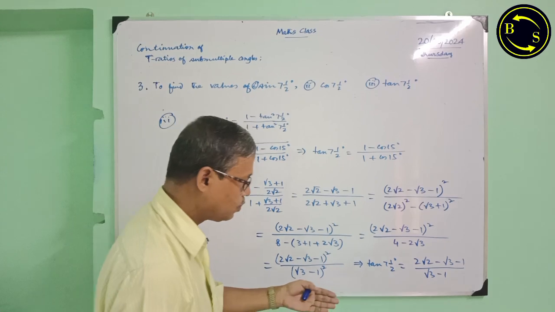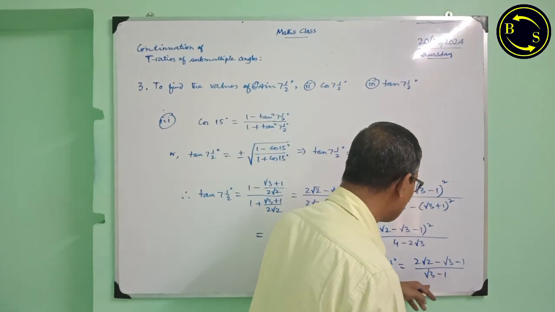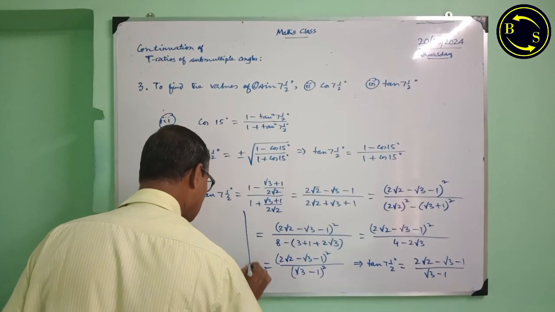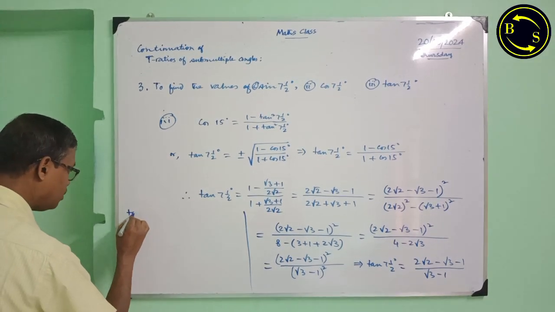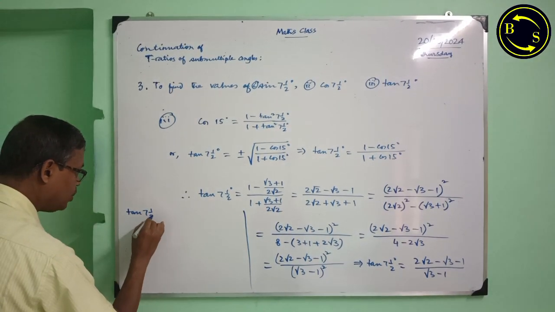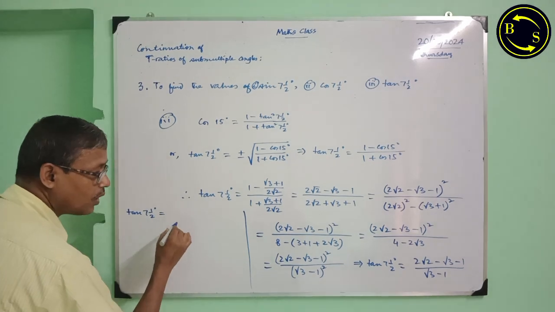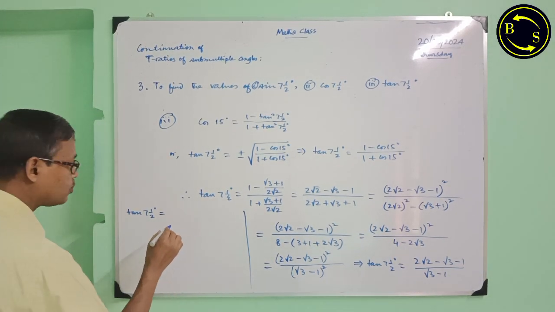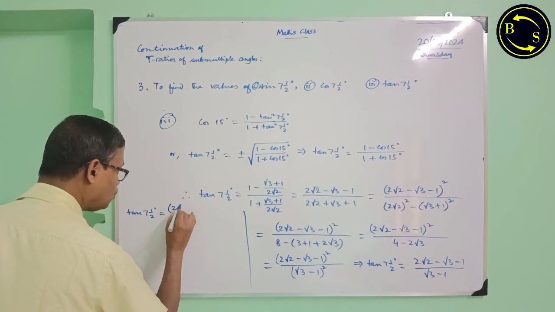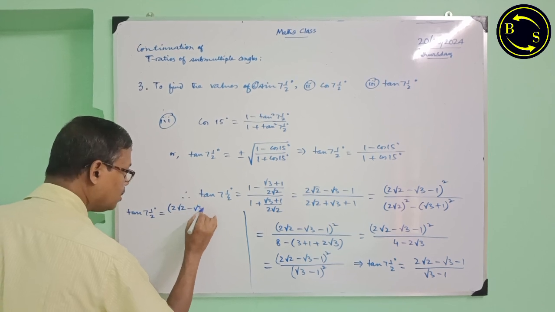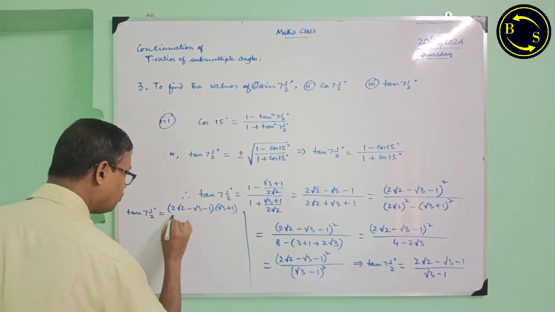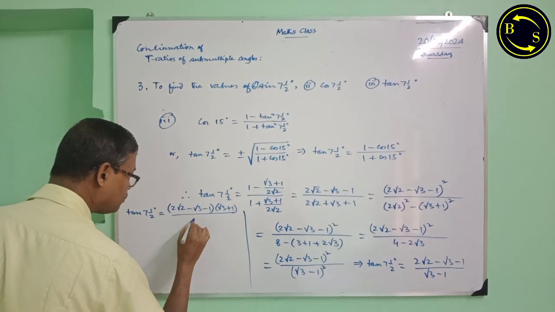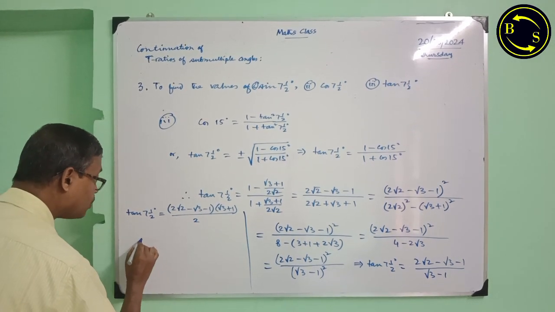Then we have to rationalize this denominator again. Therefore tan 7.5 degree will be equal to, we multiply numerator and denominator by root 3 plus 1, 2 root 2 minus root 3 minus 1 times root 3 plus 1 by 3 minus 1, that is 2.